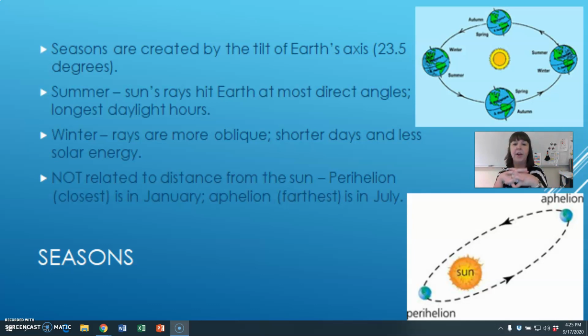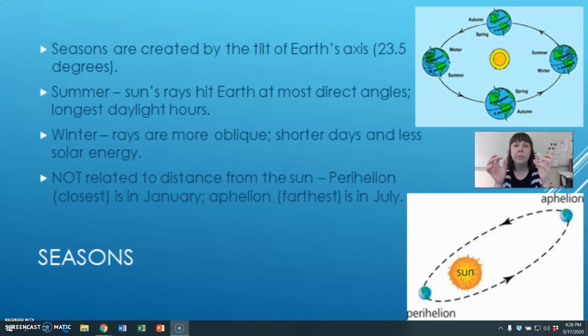They're not directly on us. We have shorter days to absorb that radiation, and so that's when we have the coldest temperatures. And of course, our summer and winter are flip-flopped from what the southern hemisphere would experience, because when we're tilted away from the sun, they're tilted towards it. So summer, winter, and then vice versa.